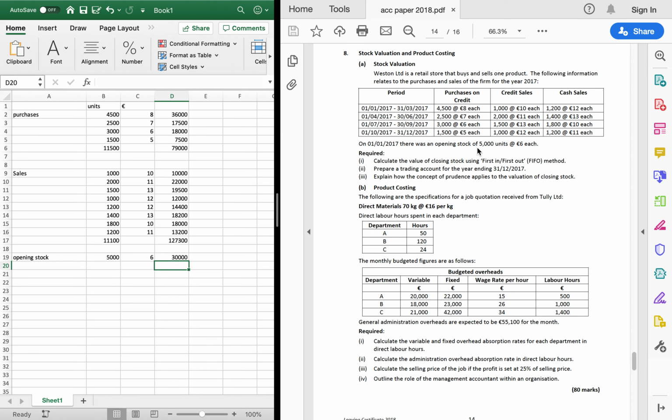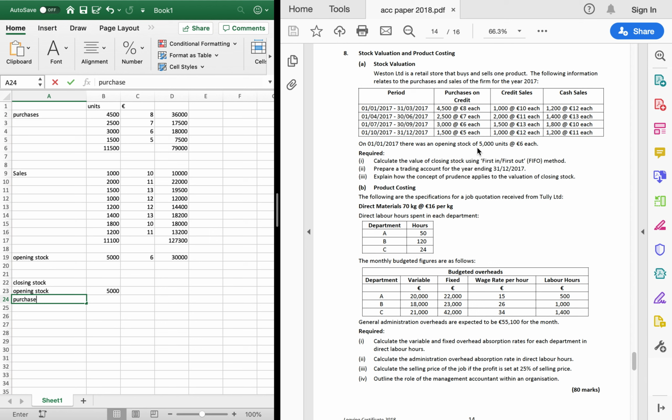So the last thing we have to do is work out the closing stock units. What we do, we have to see how many we've left over and then how we value them. So if you think about it in units terms, opening stock plus purchases, that'll give us how much we had. So we have an opening stock of 5,000 units.